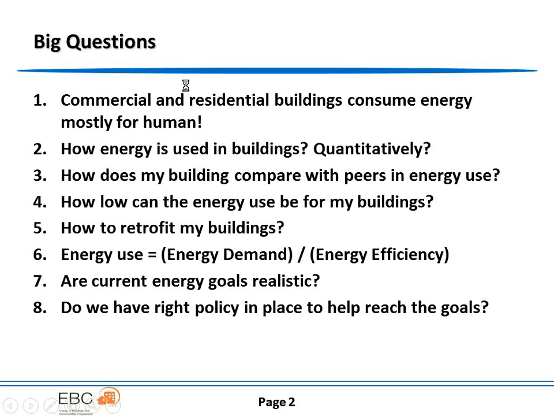In most buildings you have only one single meter. You don't really know where energy is used. Now we have smart meters that give better information about when energy is used, but we still don't know how it is used. Some new developments in code may require or encourage sub-metering, so you know how much is consumed for lighting, plug loads, heating, cooling, and fans. This helps us understand what's going on in the building.